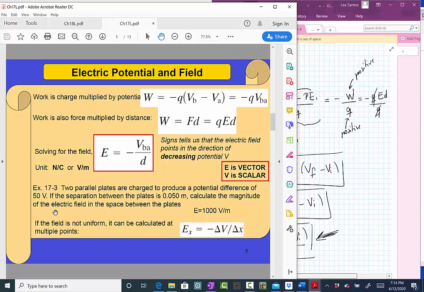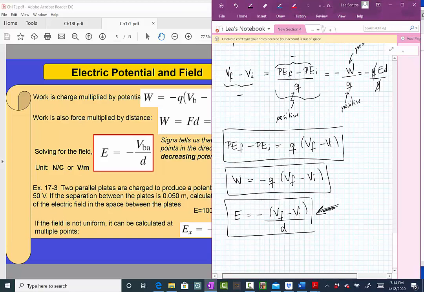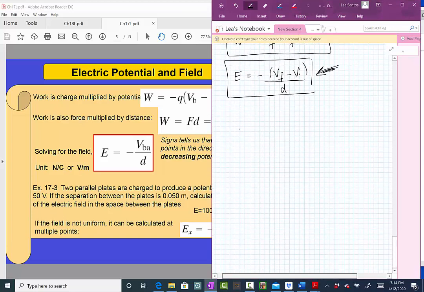The equation that I wrote here for you, I'm going to repeat this equation, we wrote it with this minus sign: final potential minus initial potential divided by D. But we know that this is an equation for the magnitude of the electric field. We are not talking about direction here. This is an equation just for the magnitude.